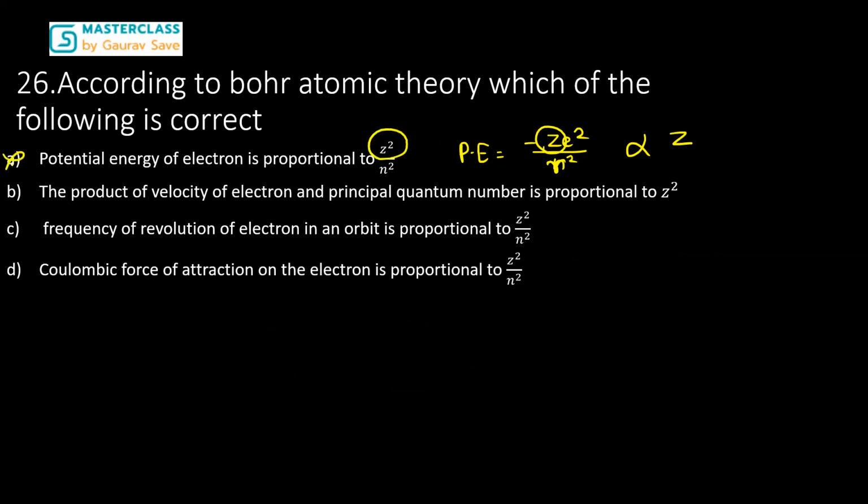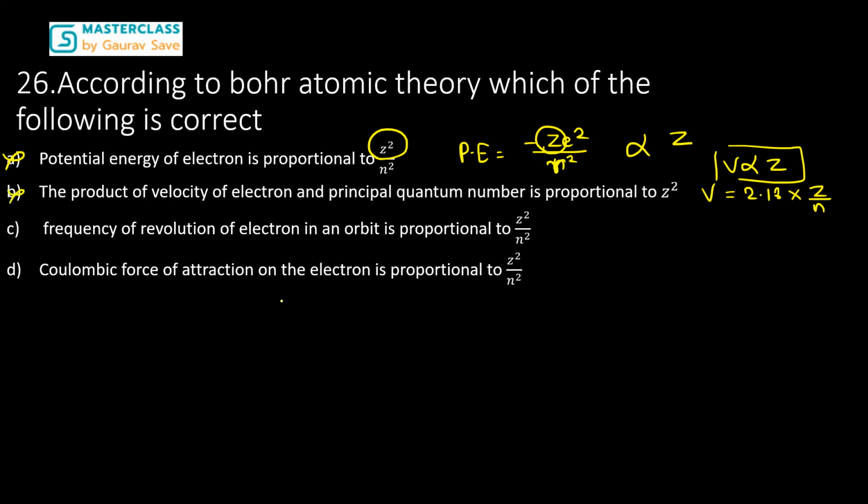So this is wrong, and they are asking about the correct statement. The product of velocity of electron and principal quantum number should be proportional to z square. Product of velocity and principal quantum number, guys. So velocity is equal to 2.18 into z upon n. So velocity is directly proportional to z. So again, option B is also wrong.